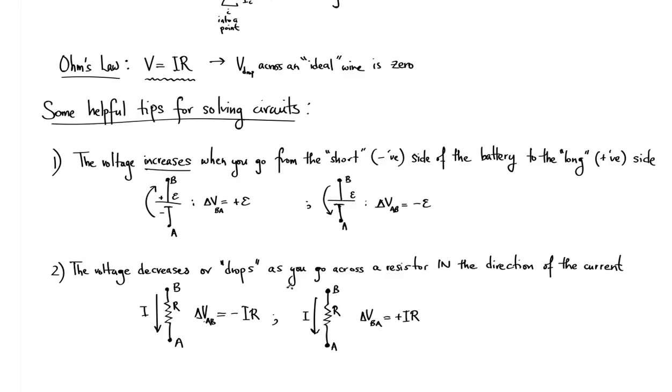And you can always think about that because there is some electric field inside this piece of metal that's causing the charge to drift downwards. The current will always drift from a higher potential to a lower potential. So if I'm moving from A to B, I'm moving against the flow. I'm kind of going uphill. So that's going to be an increase in the potential.